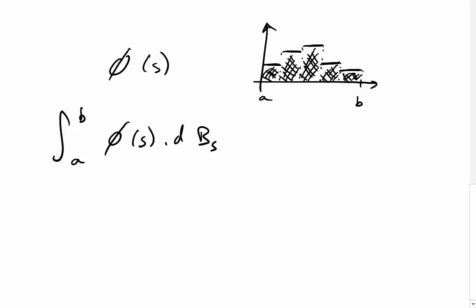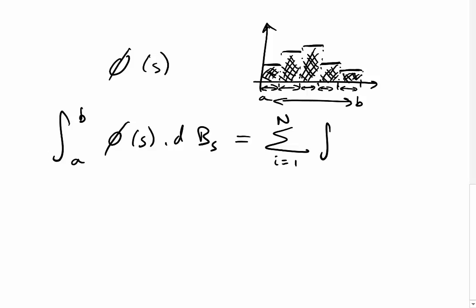So in other words, if we split this interval from A to B up into smaller intervals, from there to there, there to there, and so on, then this is just the sum from the first interval through to the nth interval, using a counter i.